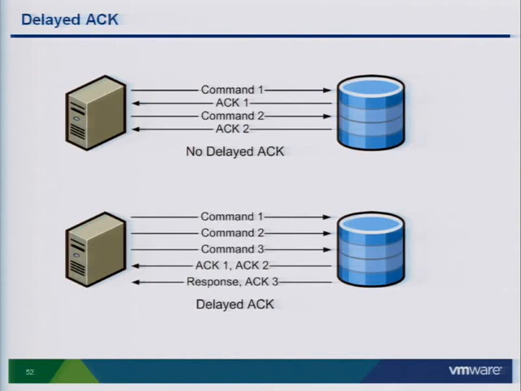The idea of delayed ACK is that you don't need to end up in this lockstep configuration of something going across and an acknowledgement happening. You can send a bunch of them, and you can piggyback the ACKs together, or piggyback the ACKs on a response, or just combine them together.